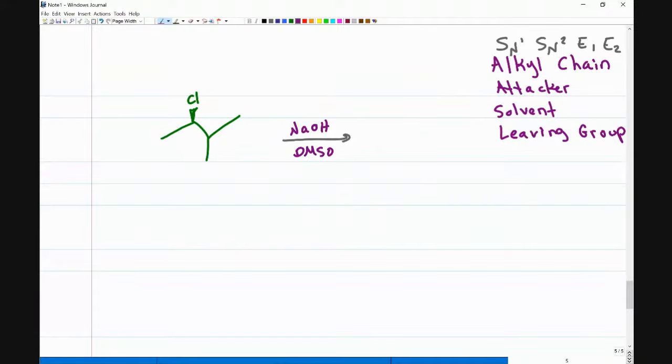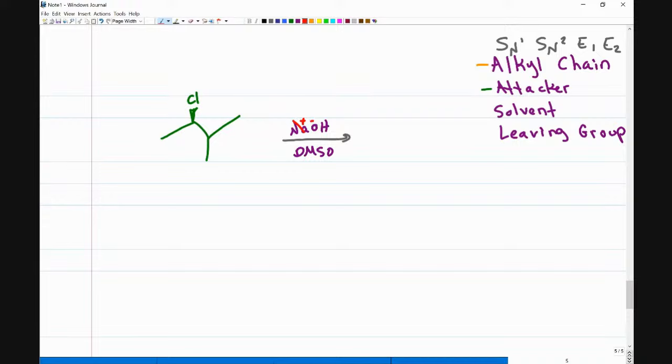And let's see. We start with the alkyl chain. Again, secondary tells us absolutely nothing, but I needed it to be chiral, so it gave you a secondary molecule. Next, we look at the attacker. Is it strong or weak? Is it a nucleophile or a base? In this case, I have Na plus, OH minus. It is a strong attacker.